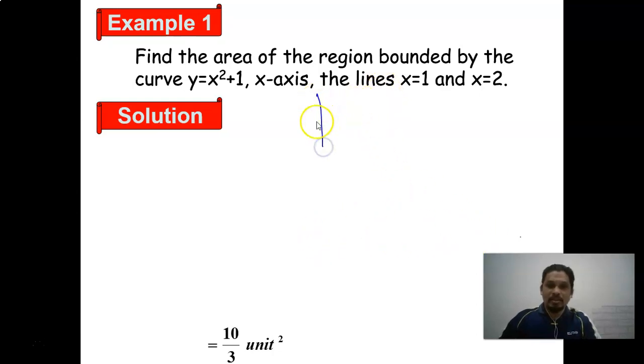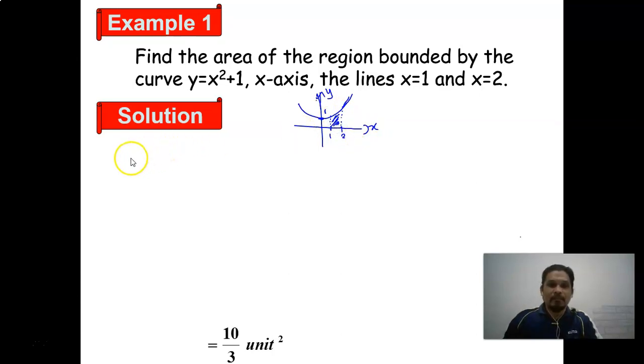Let's sketch the curve. y equal to x squared plus 1 is a curve that cuts the y-axis at y equal to 1. And the lines x equal to 1 and x equal to 2. So this is the area.